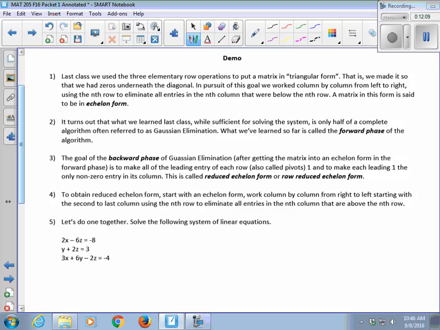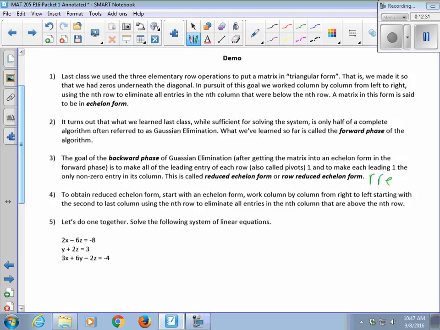And the goal of the backward phase, after we get it into echelon form, is to make all of the leading entries 1, and then to make each one the only non-zero entry in its column. So that's called reduced echelon form or row reduced echelon form or RREF.